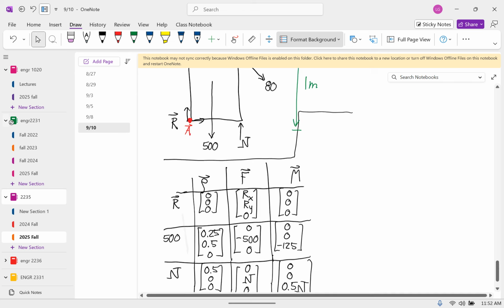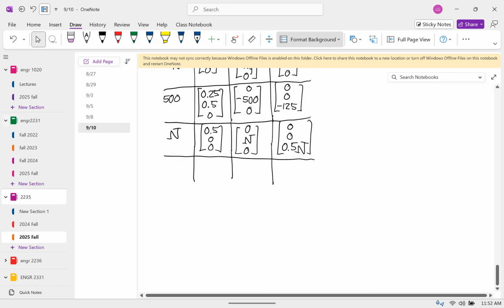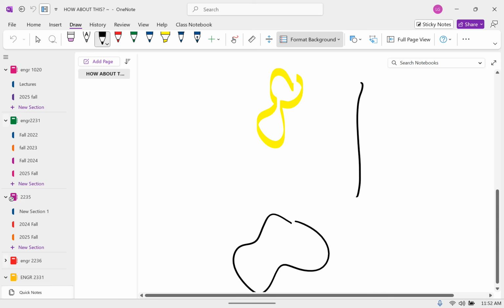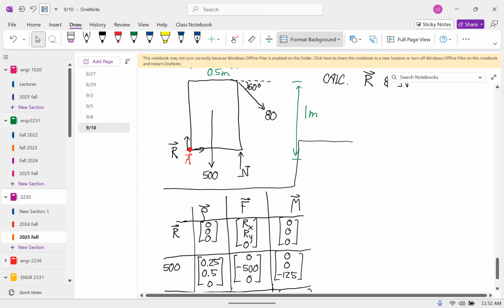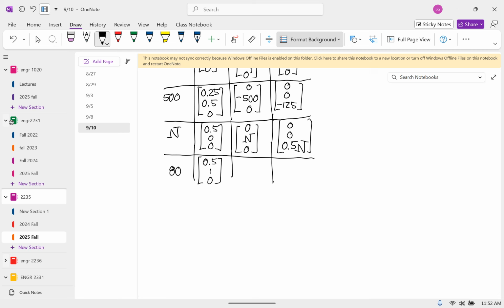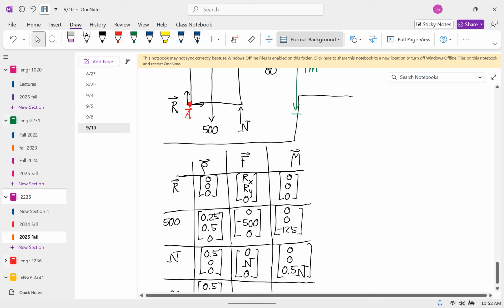And now the last one is that cable force, the 80. From the about point to where that force is applied is 0.5 in the x direction, 1 in the y direction. So I'll just do this trigonometry.